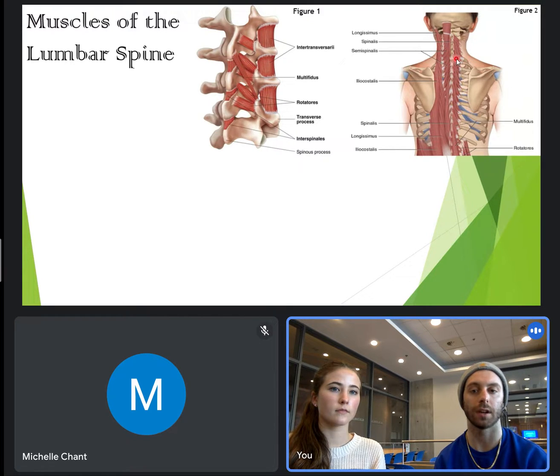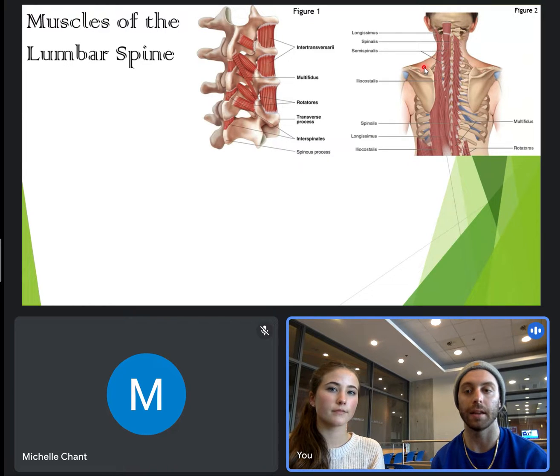So their actions are extension and lateral flexion of the lumbar spine, and also it produces ipsilateral rotation of the head. So those muscles originate at the nuchal ligament, the thoracic and lumbar vertebrae, and the medial and lateral sacral crest. And then the insertions are at the mastoid process and the cervical and thoracic vertebrae.